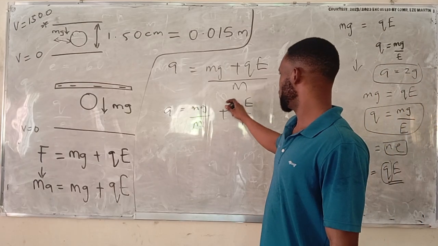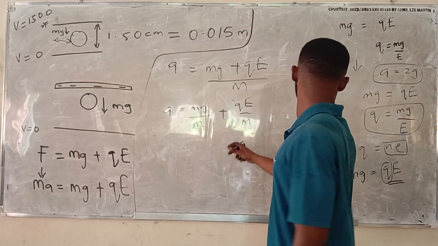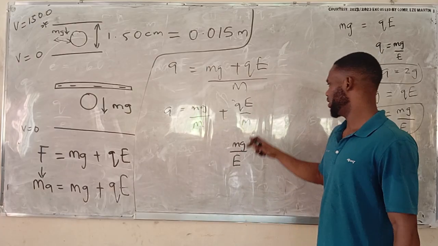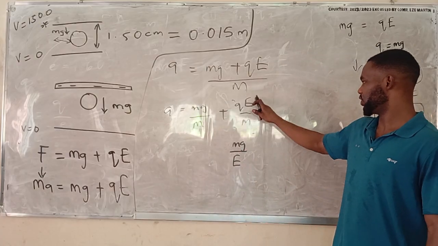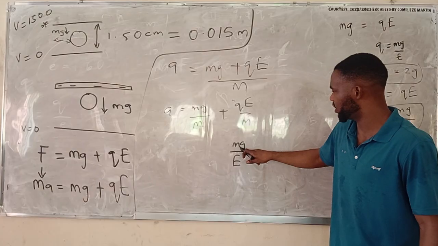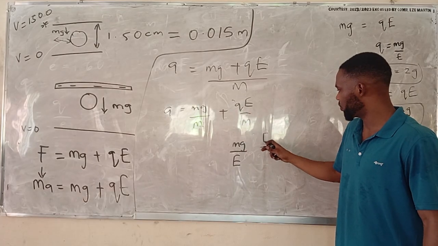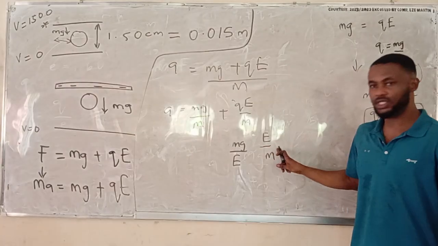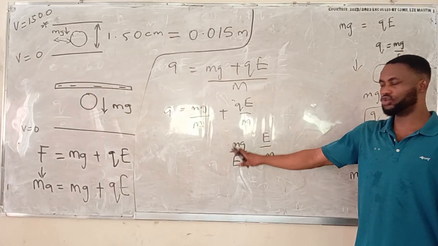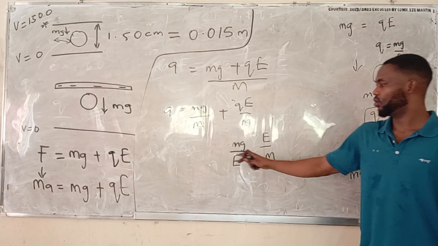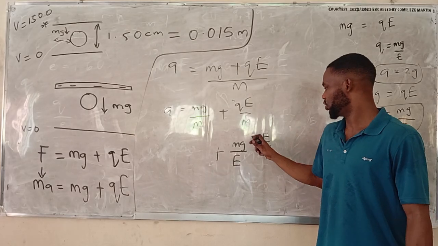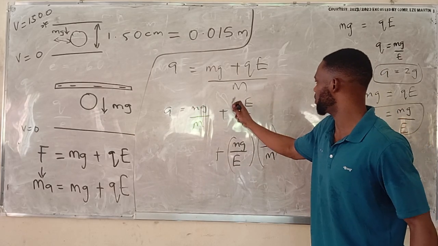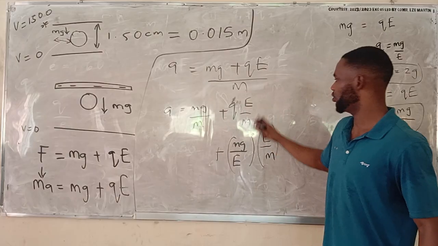So I'm now going to replace this Q with mg over E. Remember that it is only Q I replaced here. We are still having E and m. This E and this m are this one. So it's more like saying QE over m.